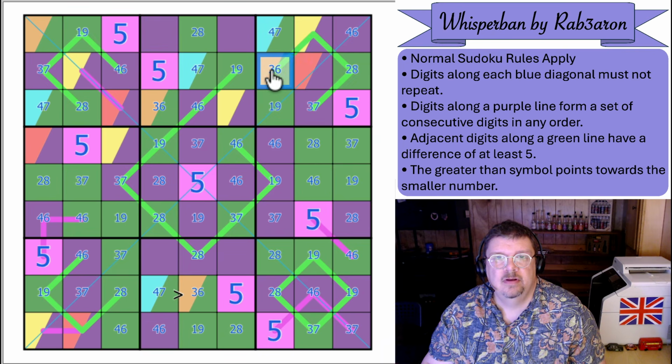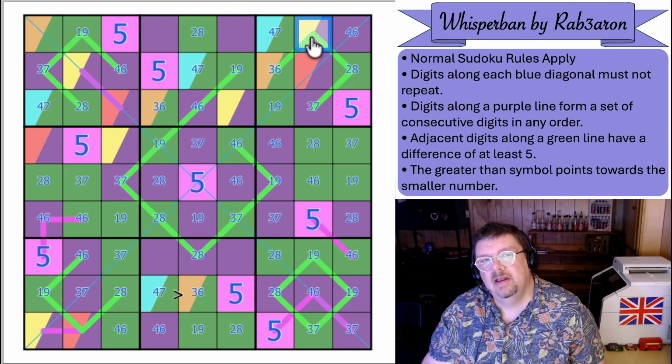If this is 3, that has to be 8 or 9. So now yellow is only from 1, 8, and 9. Yellow can never be 2.